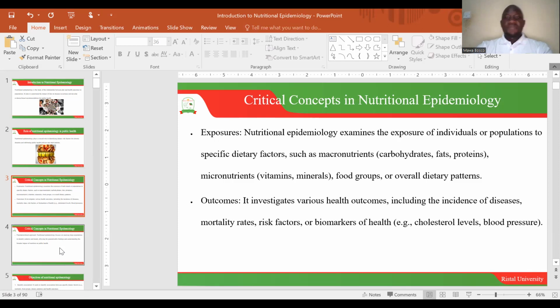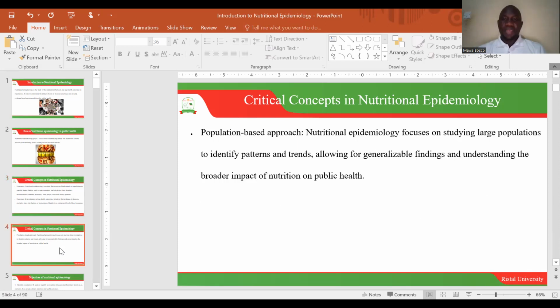And then the other concept that we should be aware of, which you had earlier explained, is that our focus is on populations. These populations can be schools, communities, or a group of individuals, let us say athletes. They're the ones that we are focusing on.